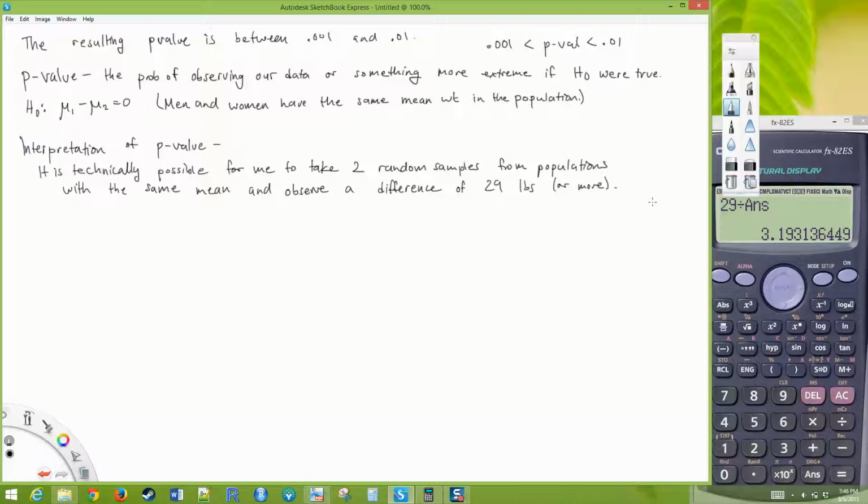The probability of that, however, is quite small. Only between 0.001 and 0.01 chance.